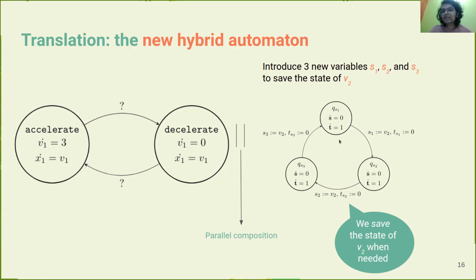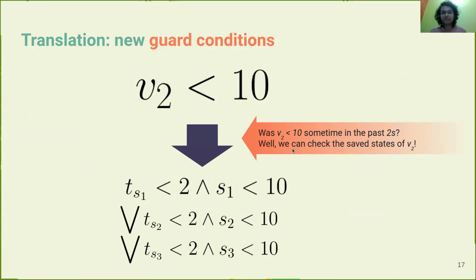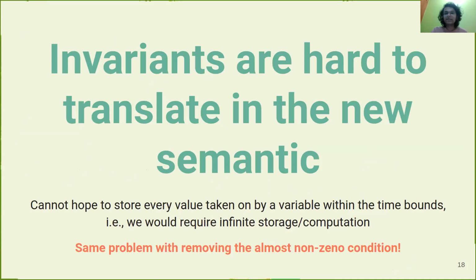Now, if we don't have these restrictions, if we allowed an unlimited number of transitions within a given time period, then this would be extremely difficult to capture in a finite state automaton, almost impossible, because we would need to store an infinite number of values of V2. Now here, since we have the upper bound, we can safely save it.